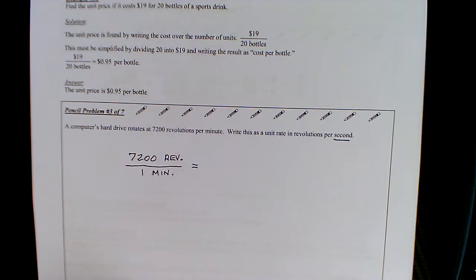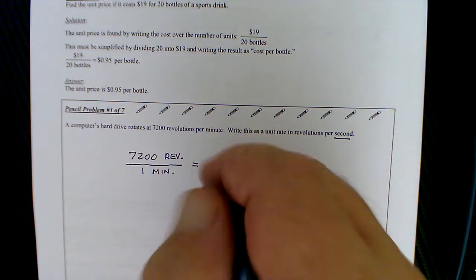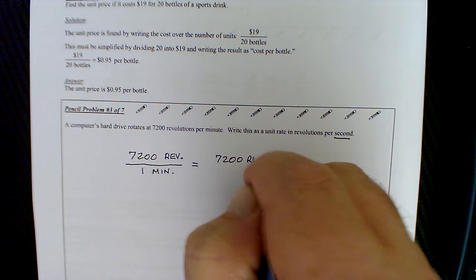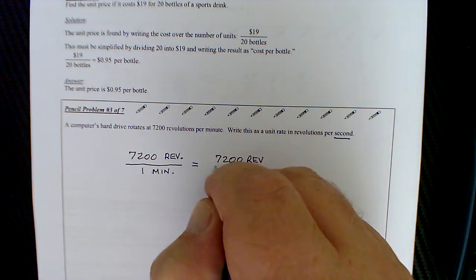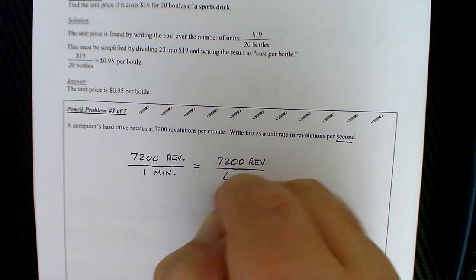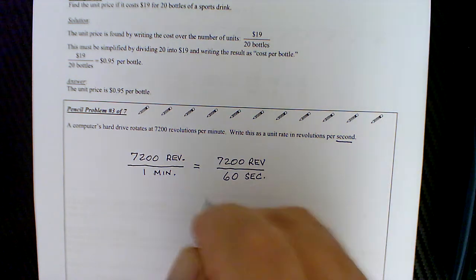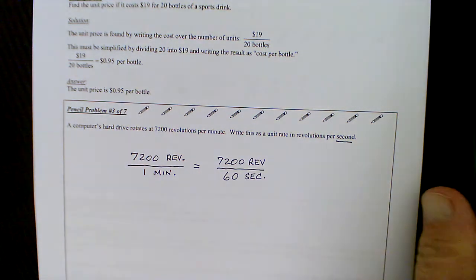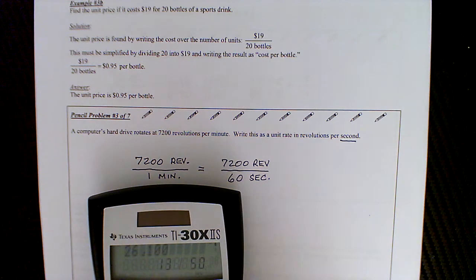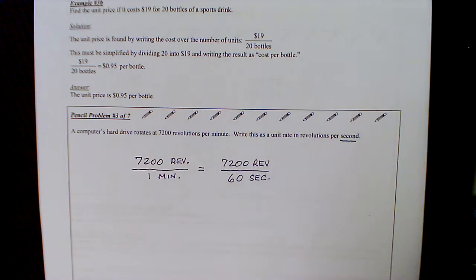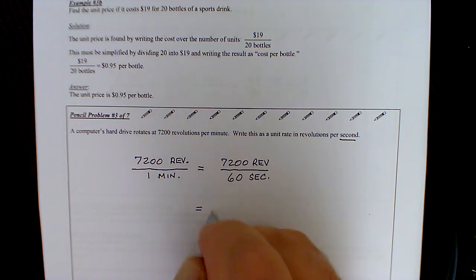And so therefore a simple replacement, recopy the 7200 revolutions and replace 1 minute by 60 seconds. And then use your calculator to do the division. 7200 divided by 60 is 120. So this gives us 120.